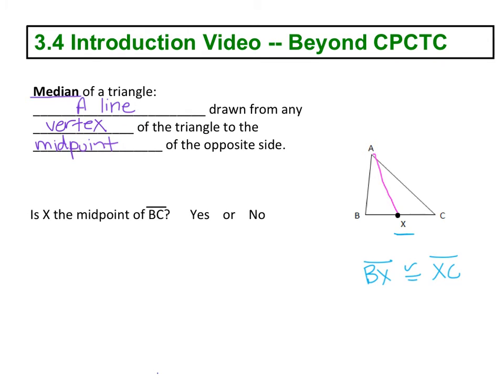So if someone were to ask us what is the median of this triangle, we would say that the median is segment AX. This last question down here, is X the midpoint of BC? That's kind of what we talked about already, so we can go ahead and say, yes, it sure is.